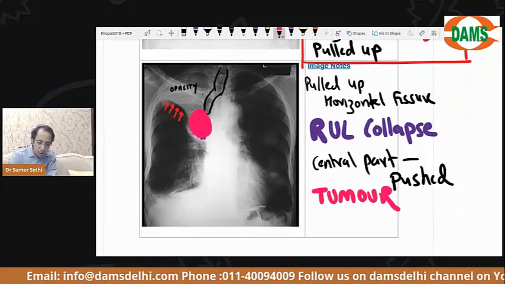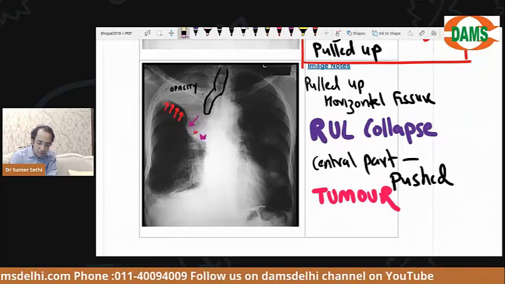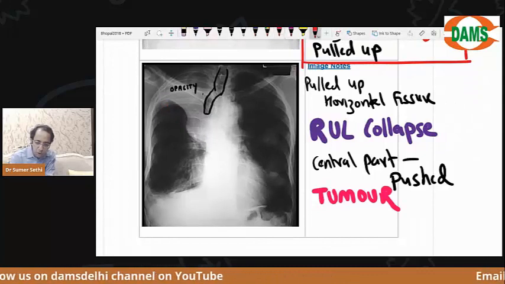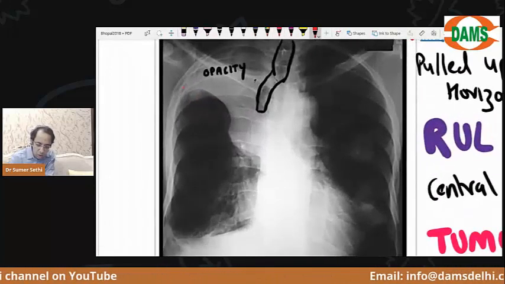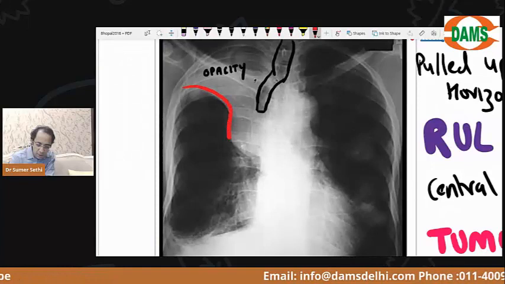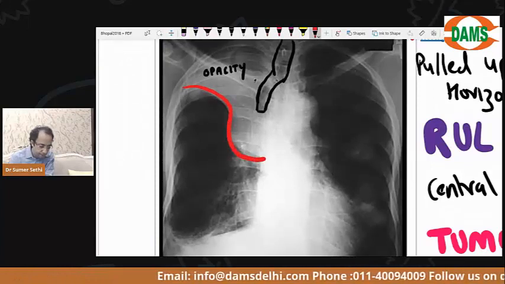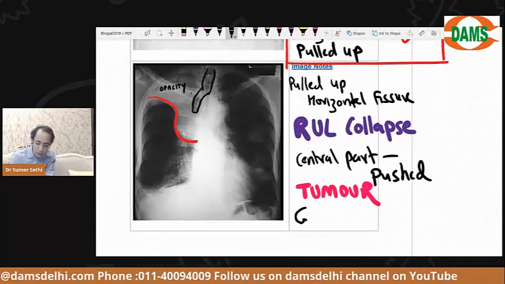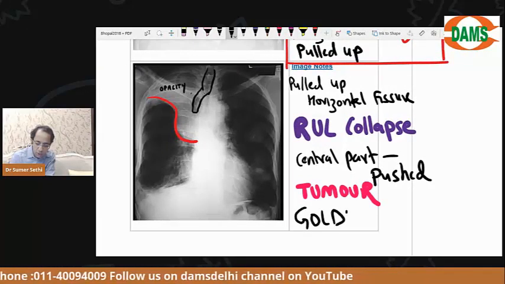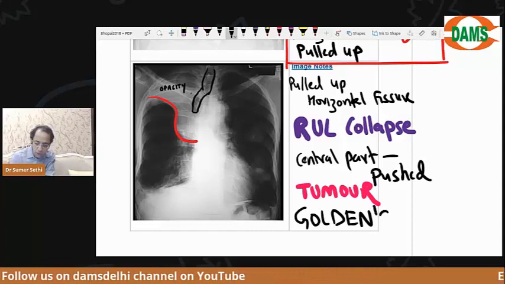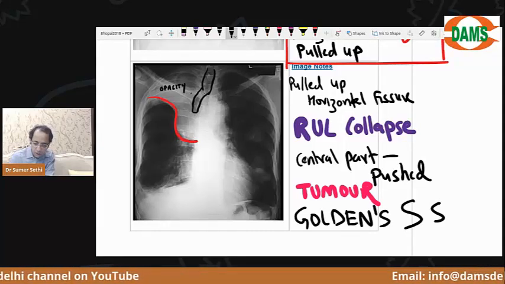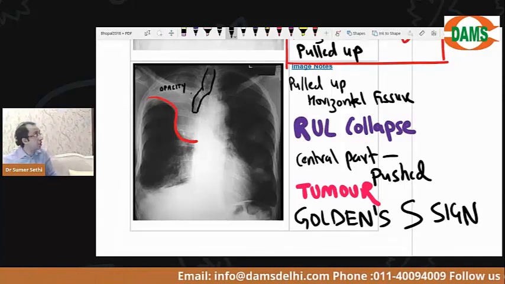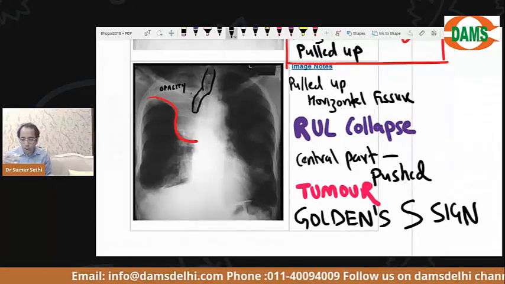So if there is a right upper lobe collapse due to a bronchogenic tumor, the horizontal fissure becomes like this. This was described by a man called Golden, hence we call it Golden's S sign.